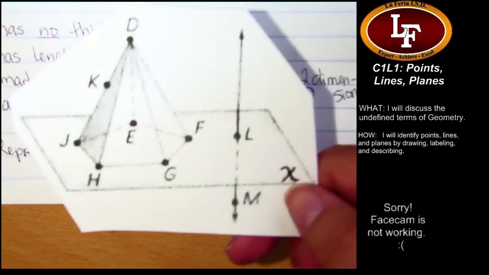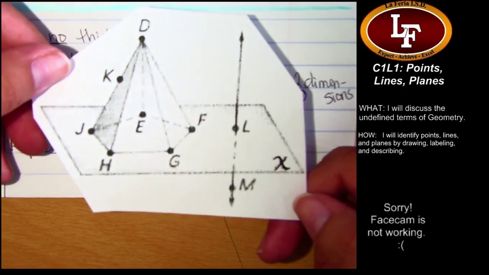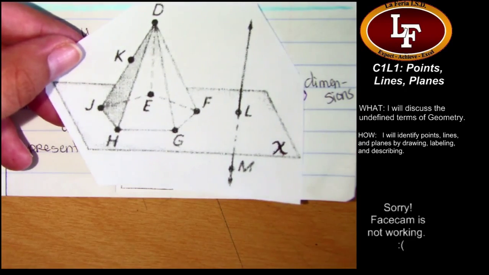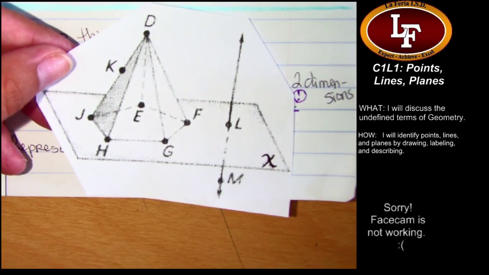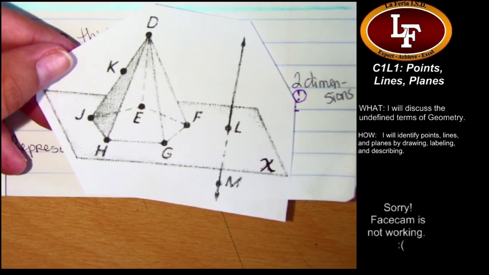We're done. So we're going to pull this out again. Name a plane. FGLM. Plane X. You see the big cursive letter X? Plane X. That's it. Just 3 letters. FGL. Do you see plane FGL? Yes.